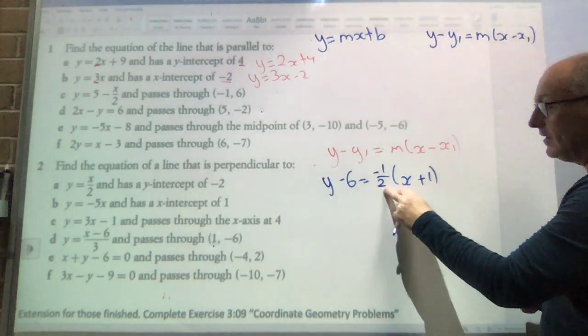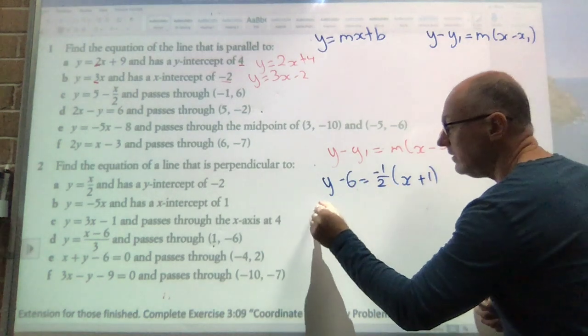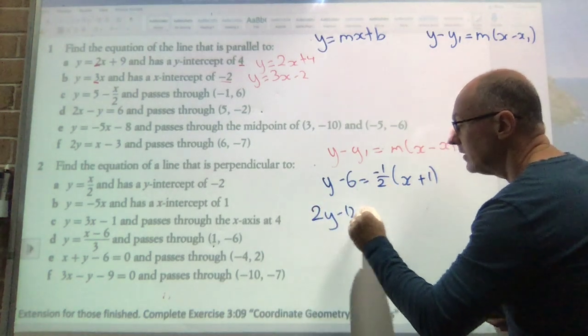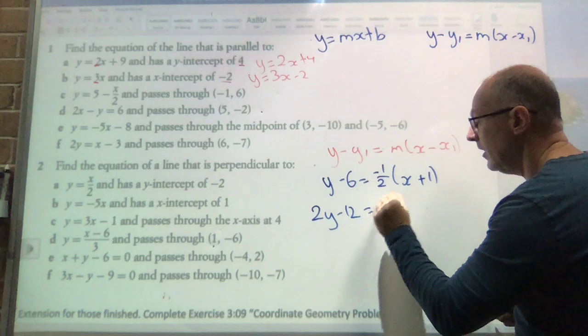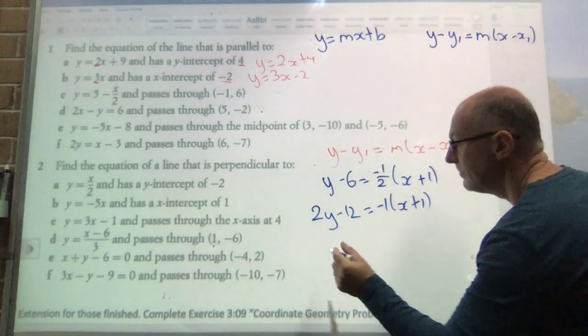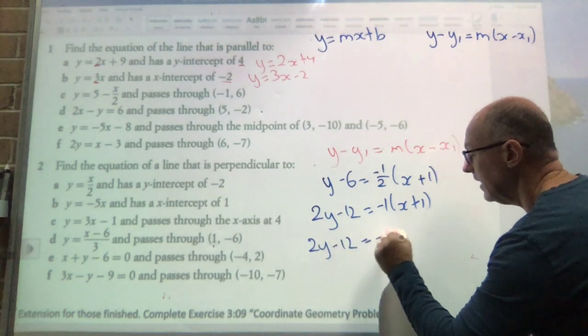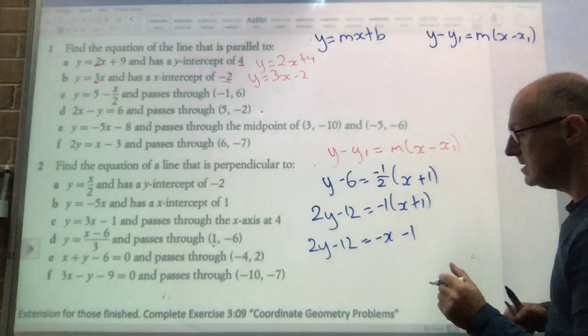Once again, we've got this fraction. I want to get rid of the 2 on the bottom. I multiply that across. 2y minus 12 equals minus 1 times x plus 1. 2y minus 12 equals minus x minus 1.